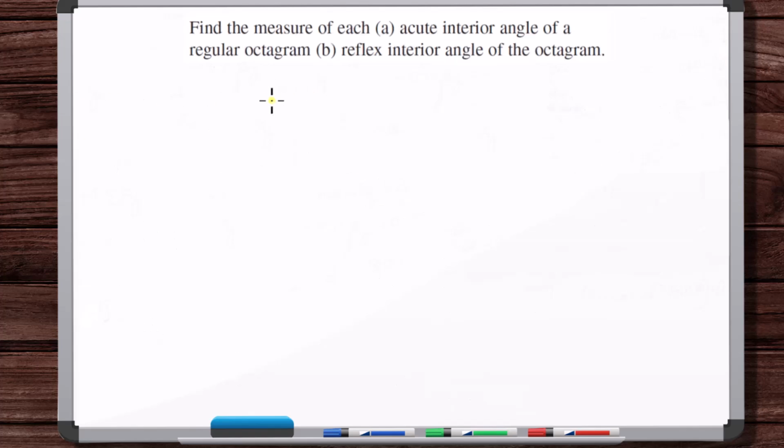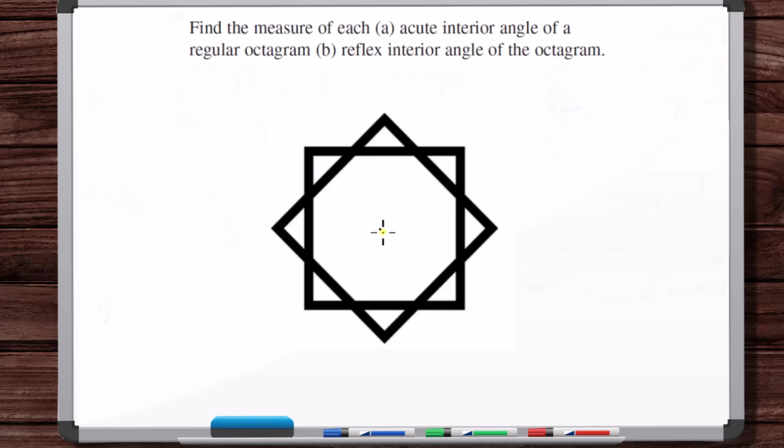Okay, here we've got the same question except with a regular octagram. So here is a regular octagram, and you can see the interior octagon here and how all of the sides have been extended, and where they intersect creates the vertices of the new polygon, the polygram.